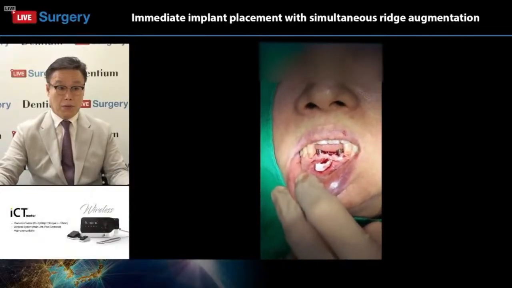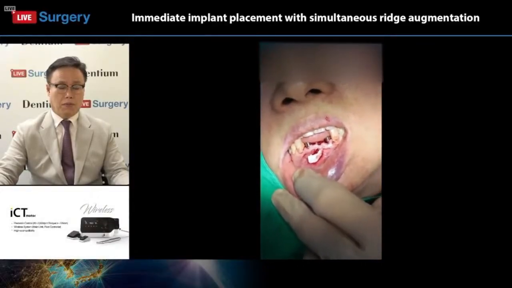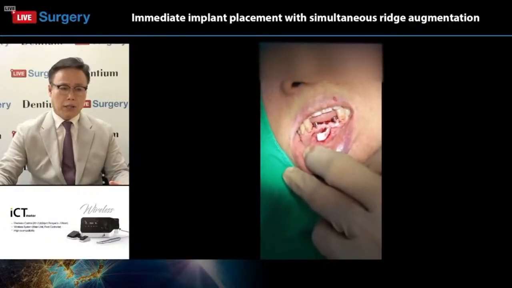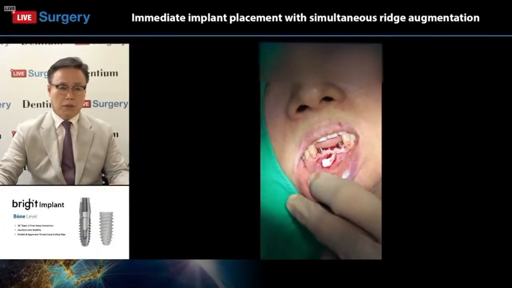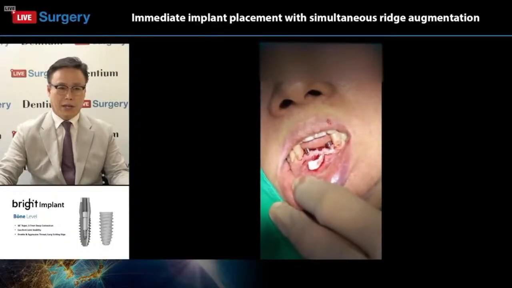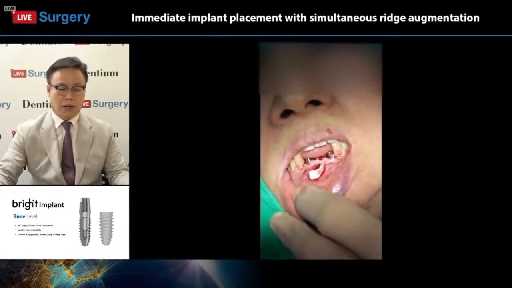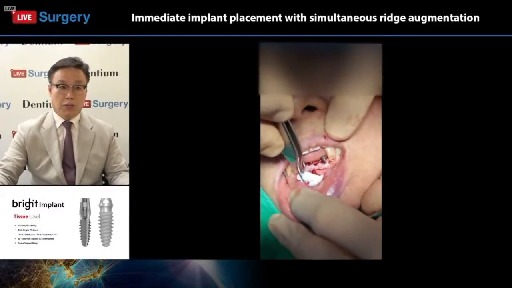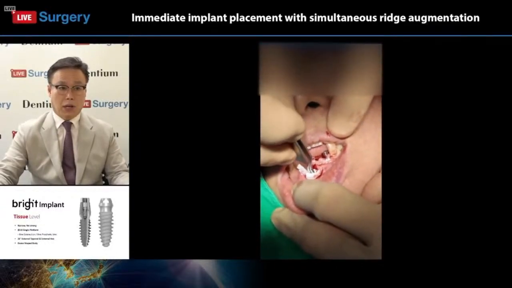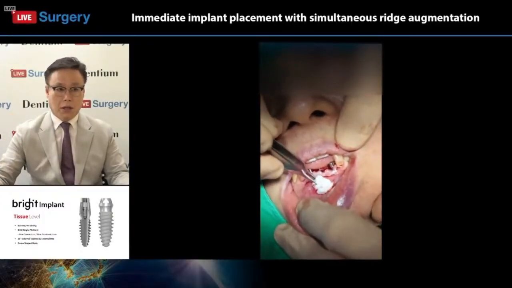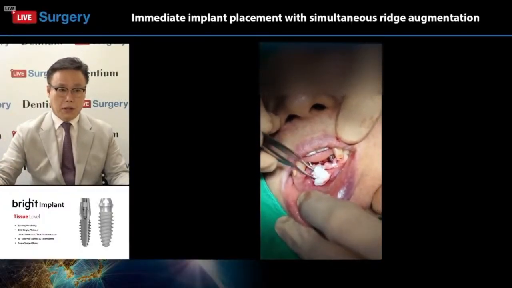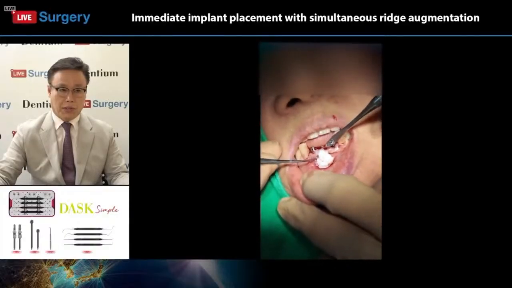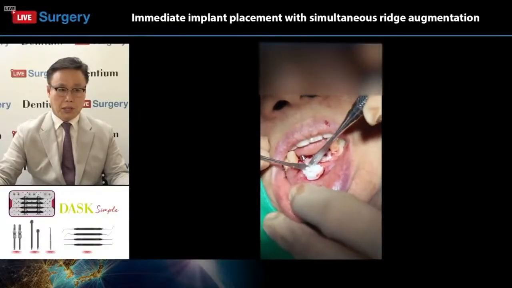Now it's time to apply the bone graft material. Particulated bone is good, but sometimes it is not very easy to manipulate. So for the collagenated bone, OSTEON Xeno collagen, we just cut it in half and apply it. We manipulate it with two instruments, pushing it inside.